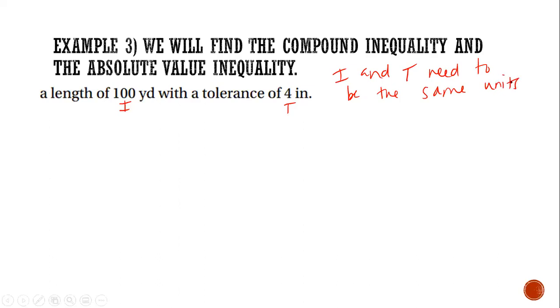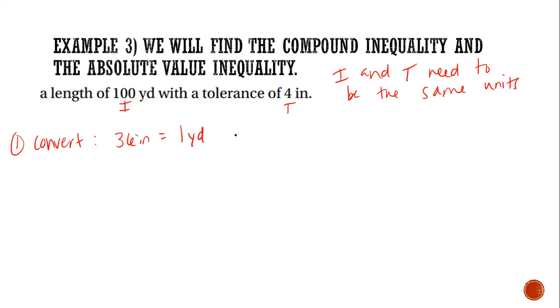Okay, so before you can set it up, you have to decide, are you going to turn inches into yards or yards into inches? For me, I'm going to go yards to inches because I don't want to work with a decimal. So the first thing we have to do is convert, remembering that 36 inches equals 1 yard.